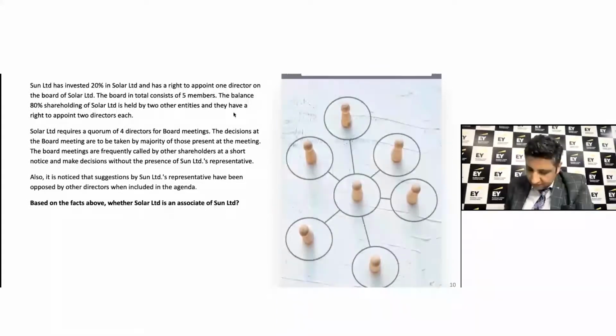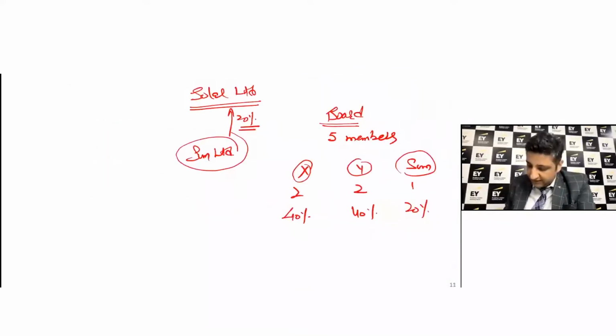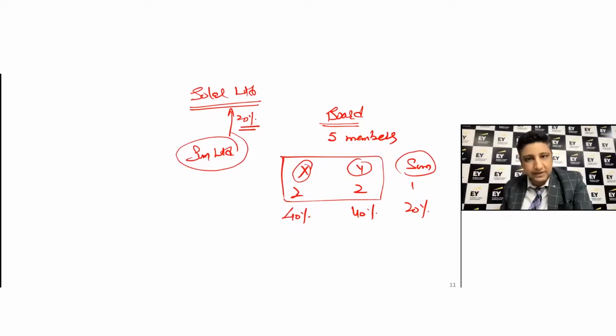Now, of course, it doesn't really specify whether it is 40% each, but that's not really relevant here. So when you look at the decision making, the board is a place where you look at the decision making. You need a quorum of 4 directors, which always means, in the given context, that both X and Y need to be always present to conduct the board meeting.